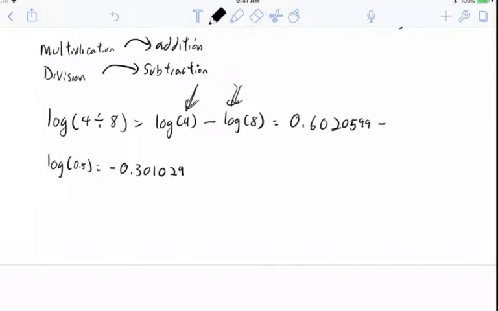And the log of 8 is equal to 0.903089. Right? And now I subtract them. 0.602059 minus 0.903089 equals minus 0.301029. They are the same. This property of logs is super useful a little bit later down the road.